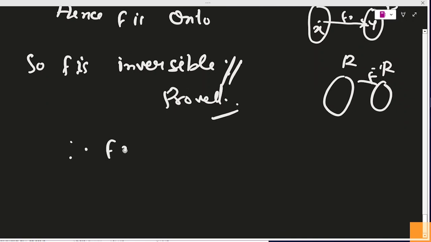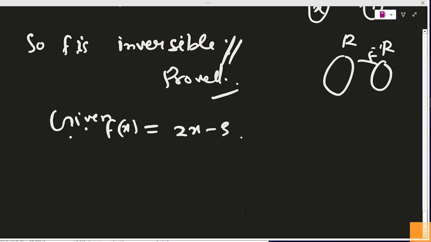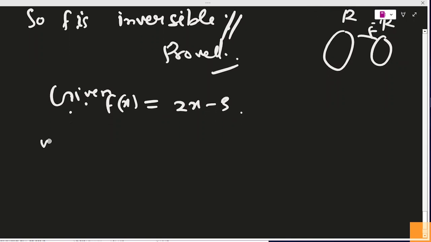Since f of x, what is given, f of x is equal twice x minus 3. We have noticed when we prove that it is onto. Now we have to find the inverse function, given f of x is equal to this.